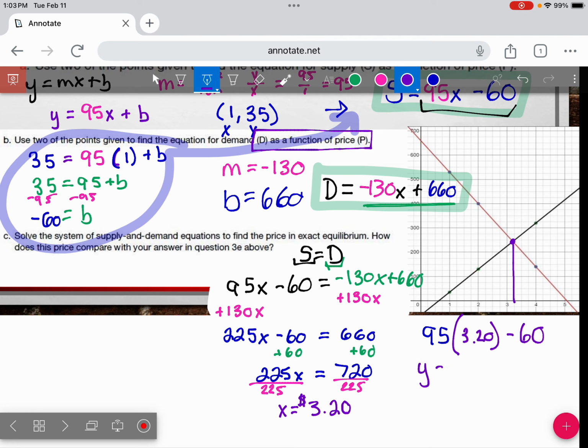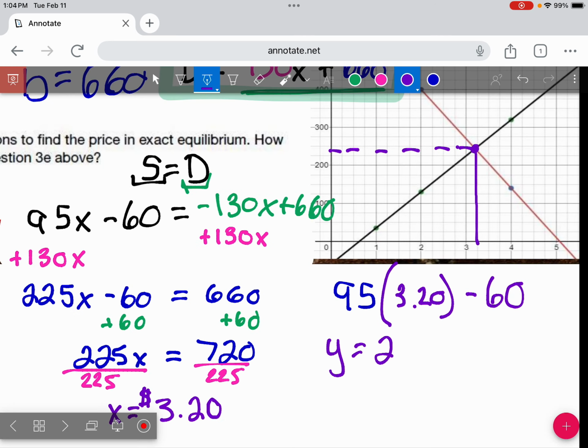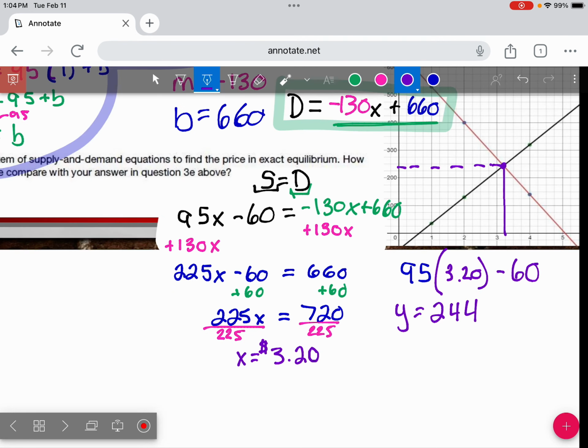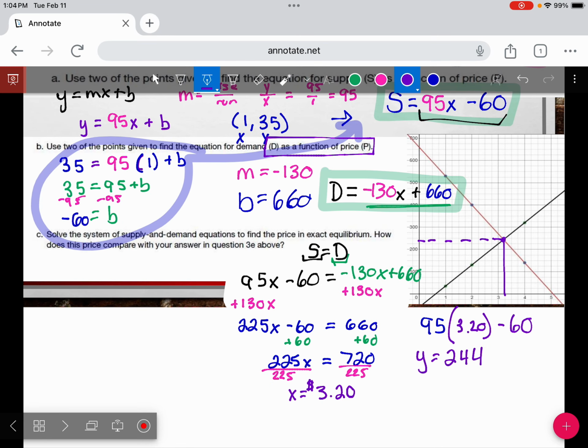What is our Y value here? $244. That looks just about right. If we take this and we bring it over, it looks like it's just under this line. $244 looks right to me. So $244 set at the price $3.20, and the store should wind up selling all the ones they buy and not running out, and not having people be angry at them.